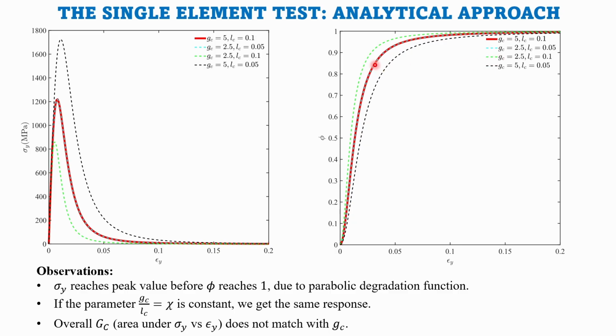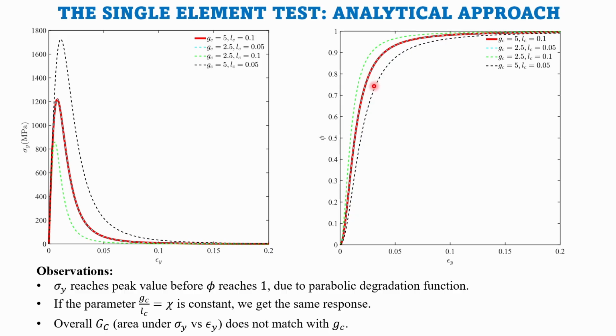The green curve is here, and the black curve is here. The green curve, as I said again, its failure strength is less. That's why it reaches from 0 to 1 faster, at a lower epsilon y. So what is the meaning of this shift towards the left? This green curve is shifted towards the left, right? The meaning of this is that the phase field goes from 0 to 1 faster.